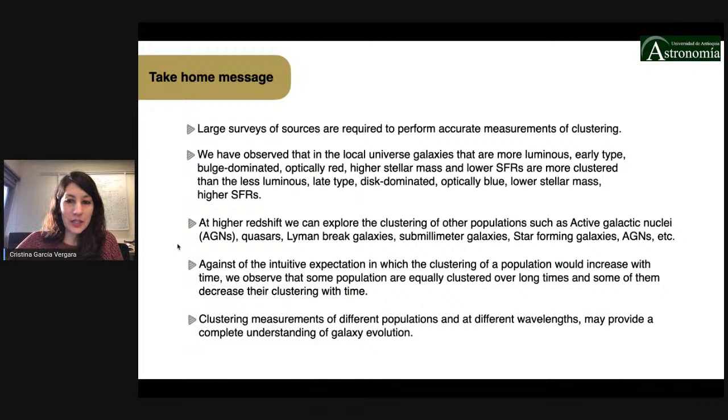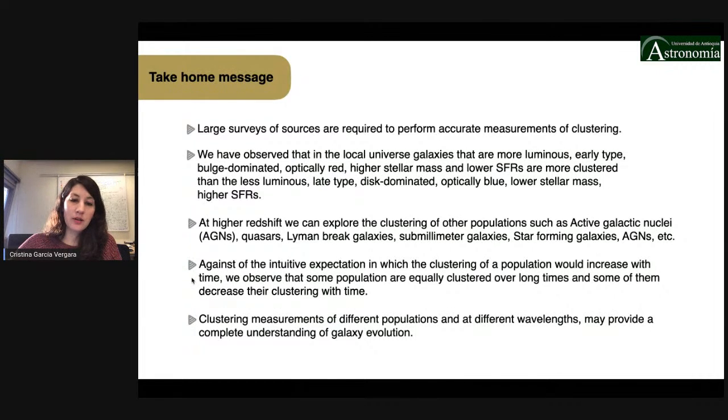And this point is important because it goes against the intuitive expectation that clustering will increase with time because structures are growing over time. We observe that some populations are equally clustered over long times, like, for example, late-type galaxies, and some of them decrease their clustering with time.